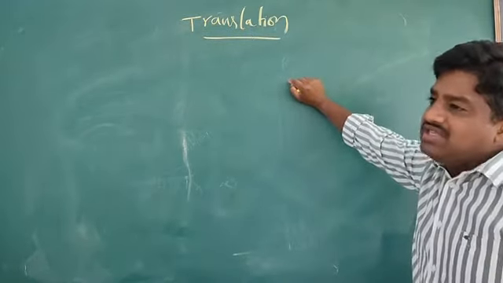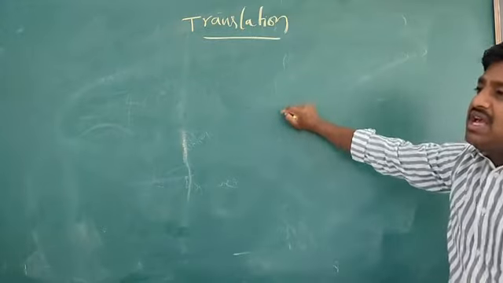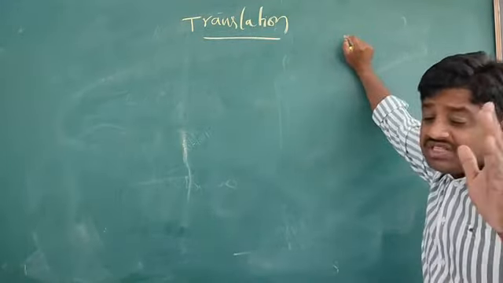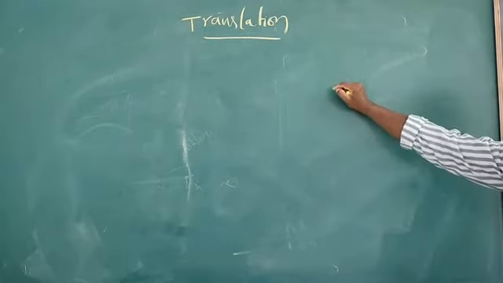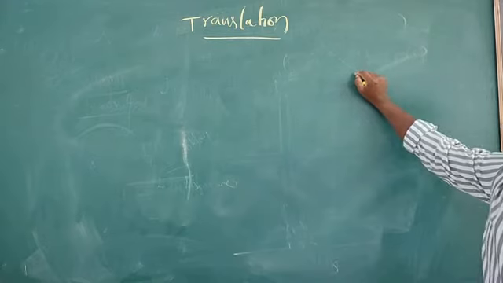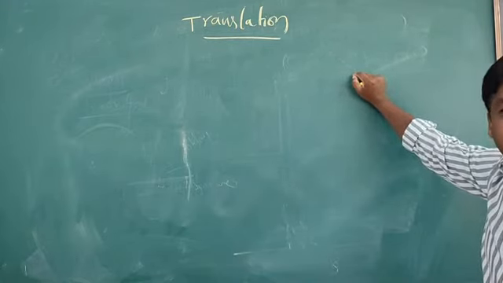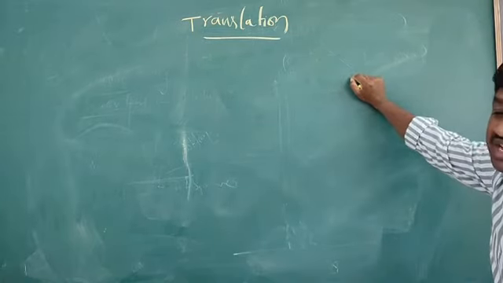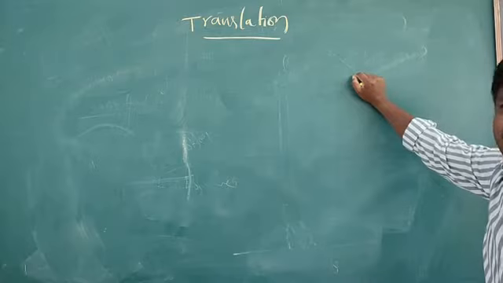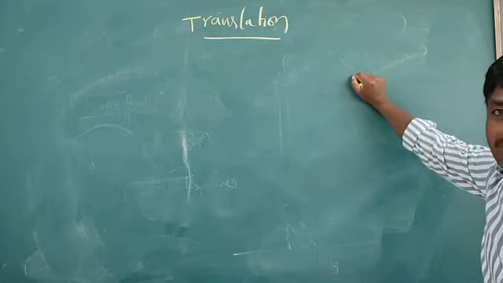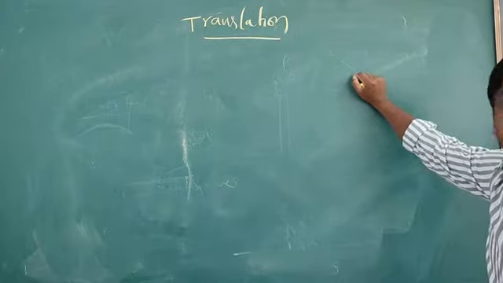So in this process, the sequence of amino acids is defined by the sequence of bases in the mRNA. Okay, so what is this? The sequence of amino acids that is defined, operated by the base sequence in the mRNA.